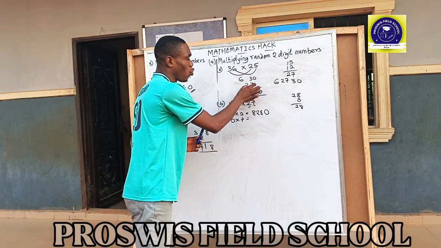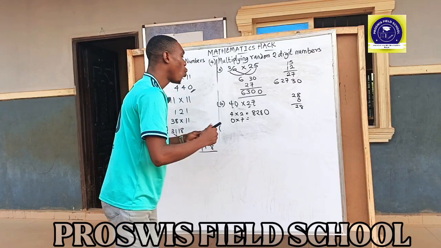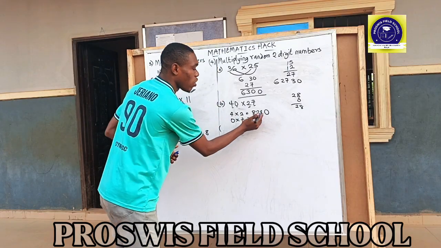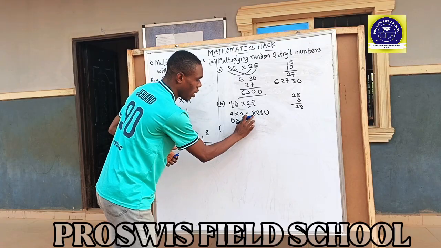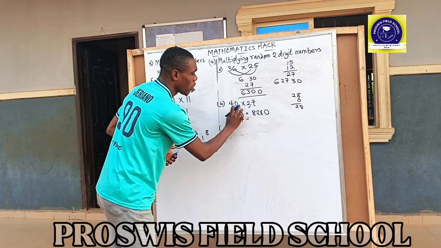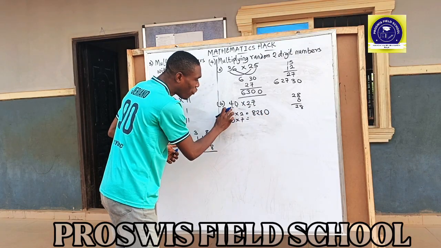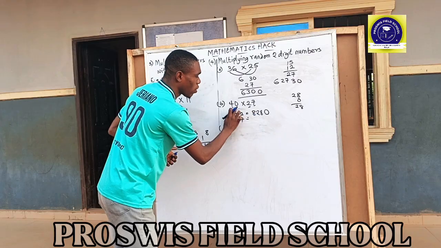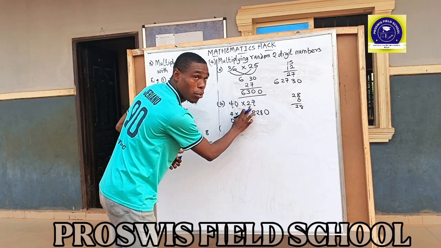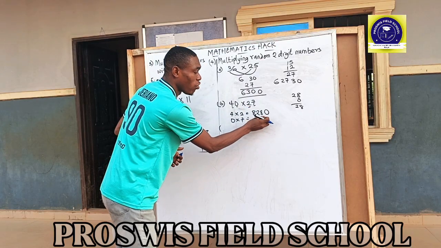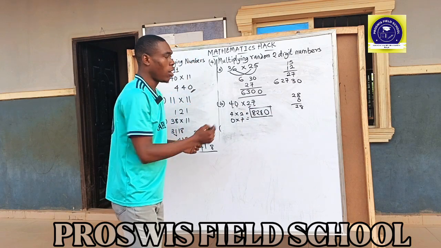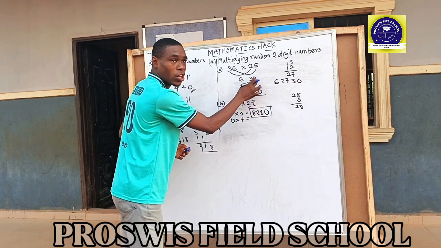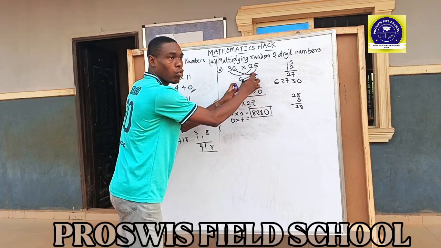So you place 2, 7. Now what about this? What I did is because I can get 4-digit number after doing 4 times 7, 28, 0 times 2, 0, 0 plus 28. I drop the 28 here because I can have 4-digit numbers. But for this, I can't have 5-digit numbers. Then place it like this.